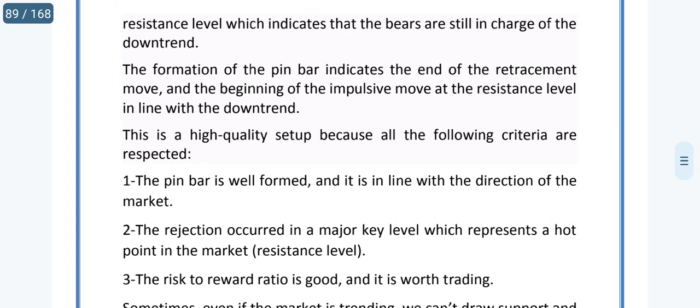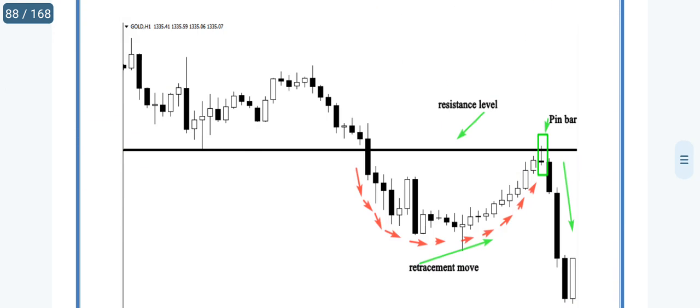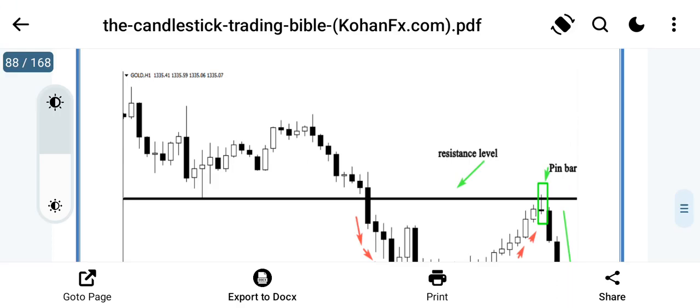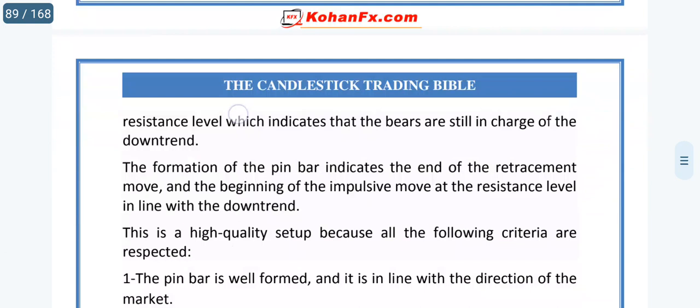The formation of a penny bar indicates the end of the retracement move, and this is the retracement move after a pullback from the resistance level. So the formation of that penny bar indicates the end of a retracement move, and it is now the sellers gaining control of the market.